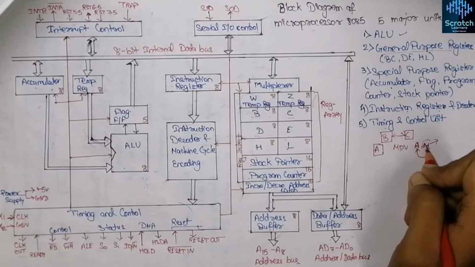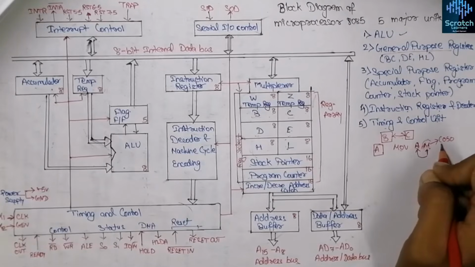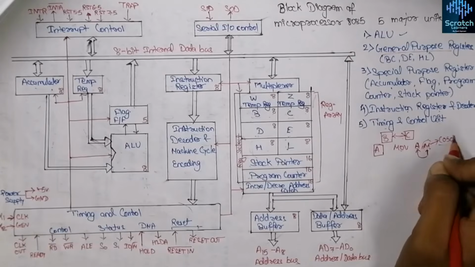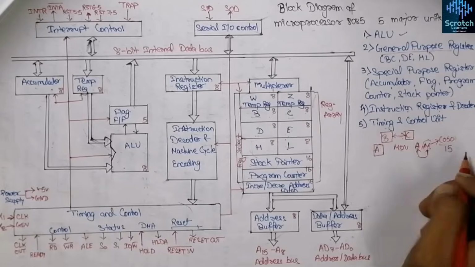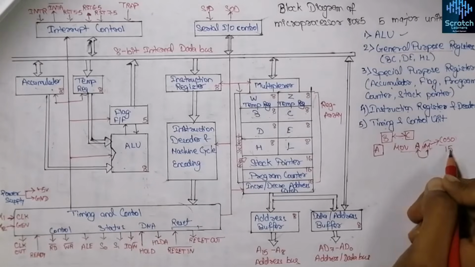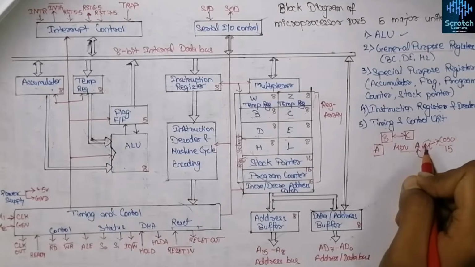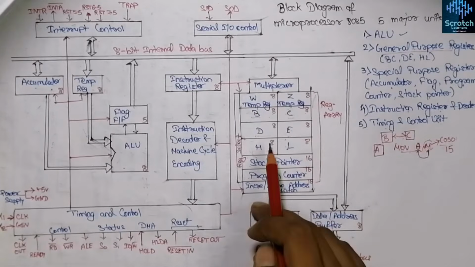Let the address of the memory M be C050. This is a random address, and at this location we have stored some data, for example 15. So this statement MOV A, M will move the content 15 from memory to the accumulator. So this is about the general purpose registers.